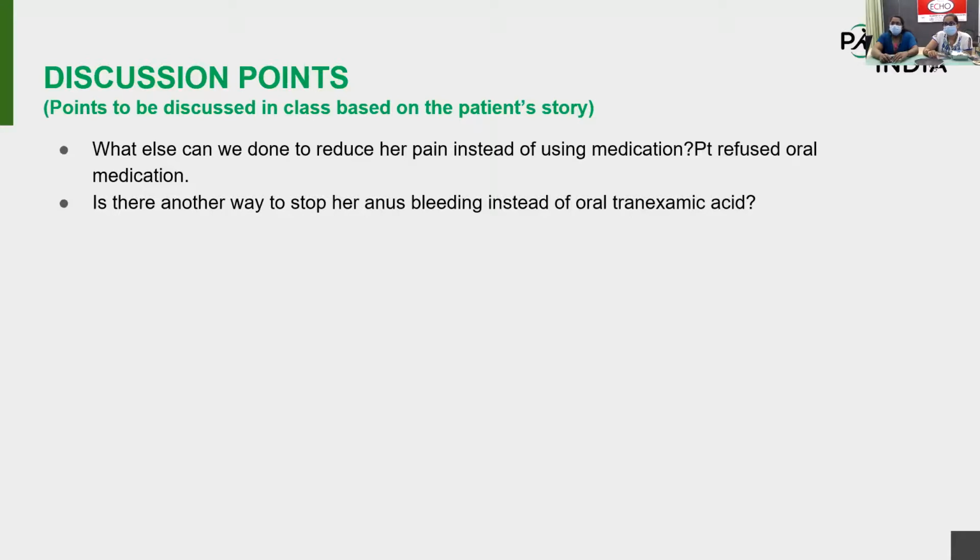Sister Sophia, why did the patient refuse oral medication? Patient refused oral medications 2 months before the patient died. It means after the patient was admitted to the hospital, 5 months after we saw the patient, then after that the patient refused the medication. That's why at that time we changed all the medication to patch and subcut.